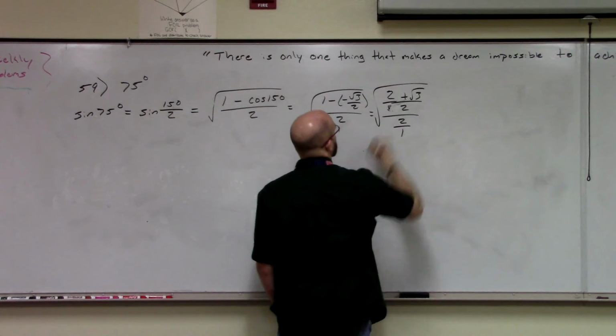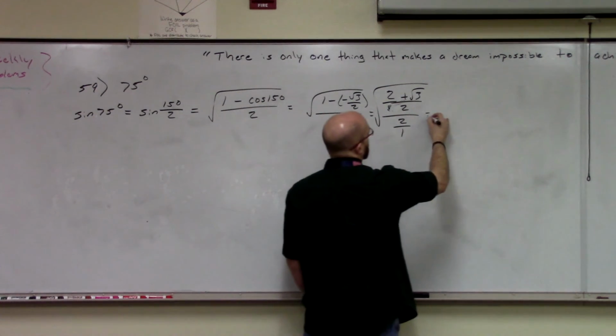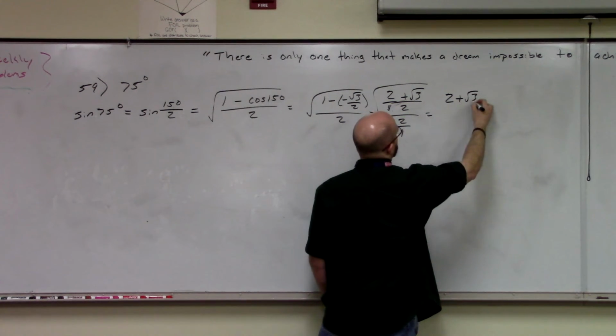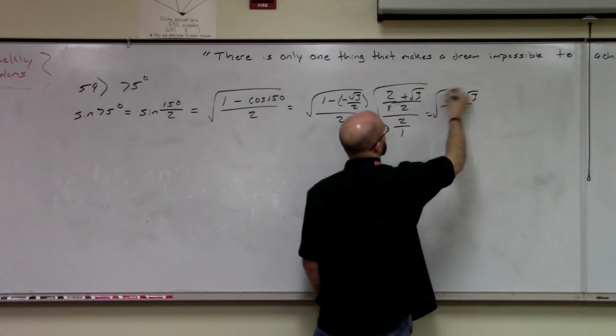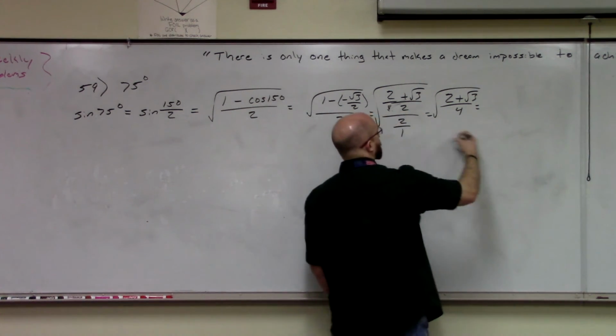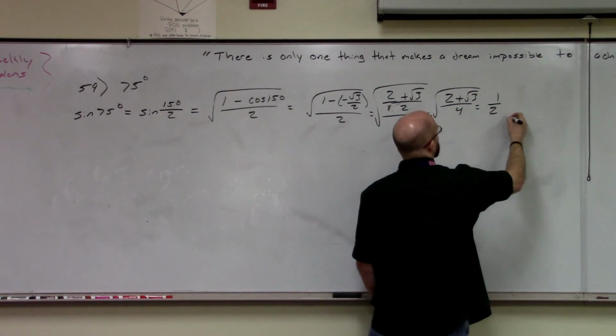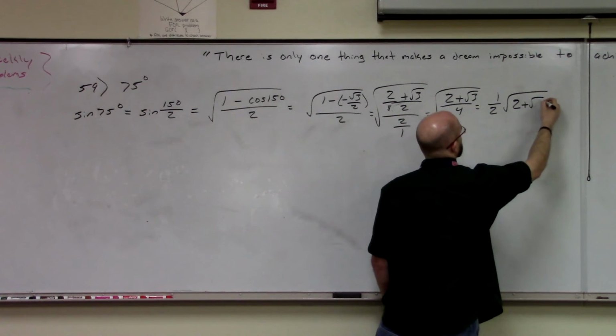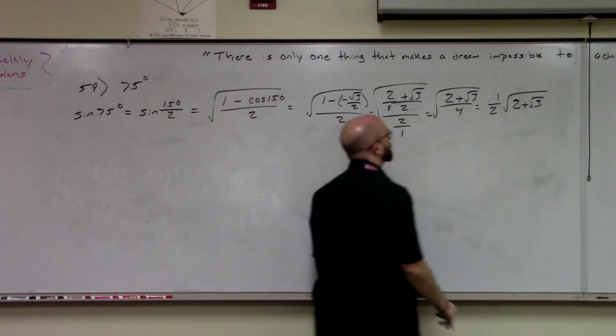And it's all the square root. So after we get that, we get 2 plus the square root of 3 divided by 4. The square root goes to both top and bottom. So it really only goes to the bottom, so we get 1/2 square root of 2 plus square root of 3.